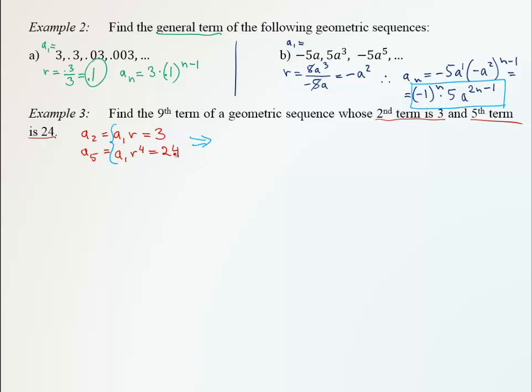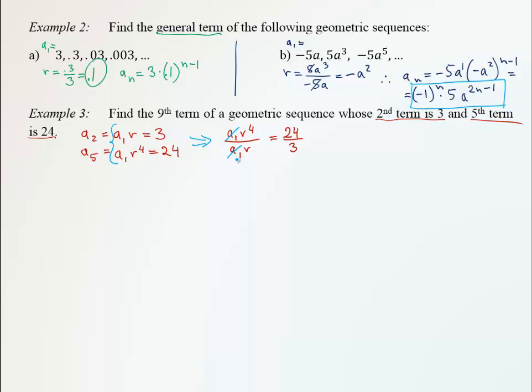Therefore, the strategy for solving such equations is by dividing them side by side. So if I divide the second equation by the first equation side by side, I end up with a1 r to the 4 divided by a1 r on one side, and then 24 over 3 on the other side.